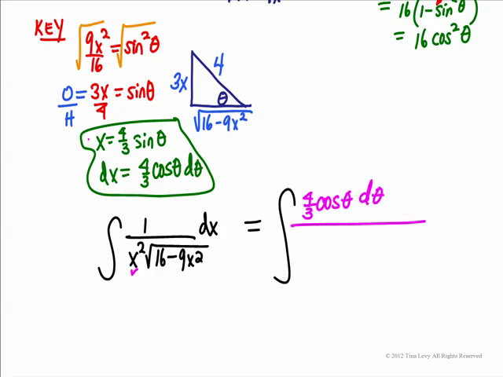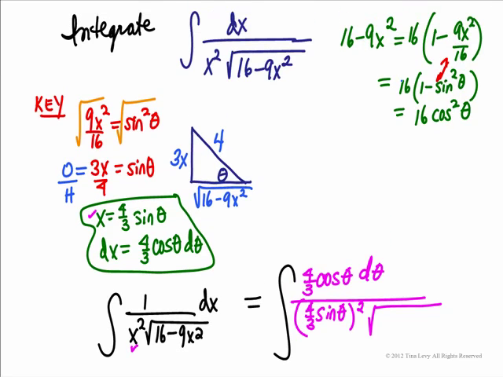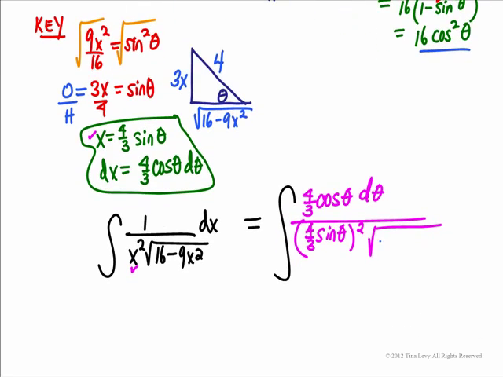Then our x squared, we just take our x, which is 4/3 sine theta, and that gets squared. And then the square root of our 16 minus 9x squared, we put in here our 16 cosine squared theta.